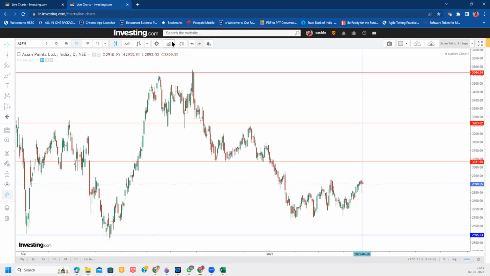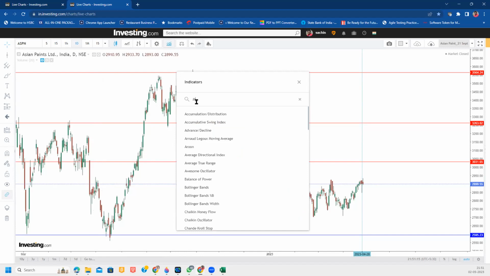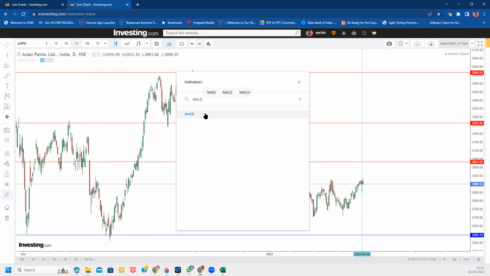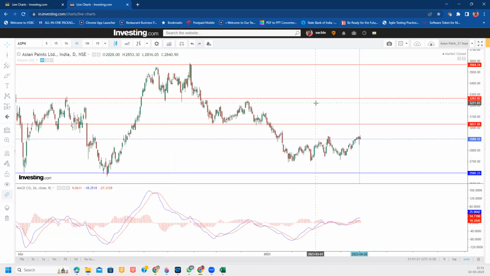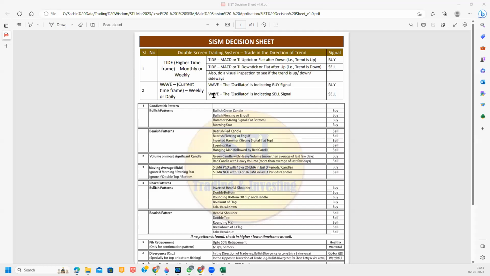I'll go to the toolbar and type MACD. It is added. Because we are checking MACD, as per this decision sheet, it is recommended that it should be on a higher time frame, maybe monthly or weekly.